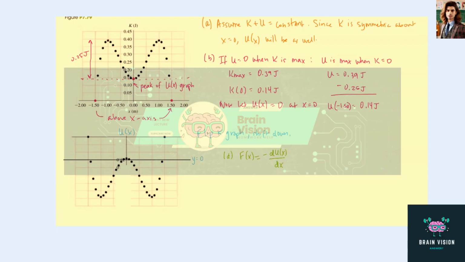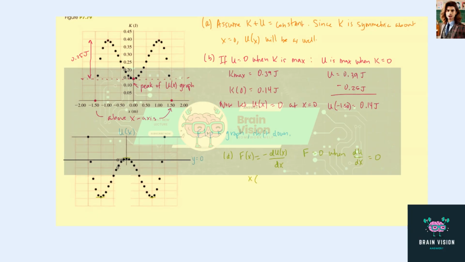So F will be 0 when dU/dx equals 0, and that's going to occur at our local minima and maxima.